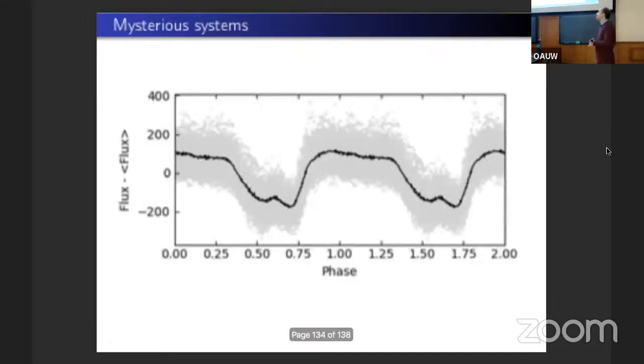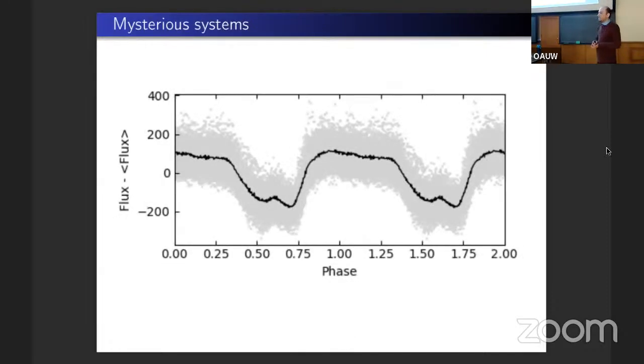And there are some mysterious systems in my sample as well. So this is a pretty funny looking orbital variability. Namely, we see, depending on how you interpret that, either two eclipses or one long eclipse with a bump inside it.